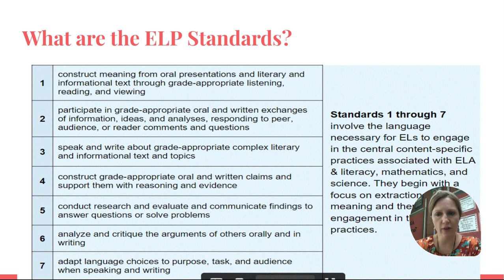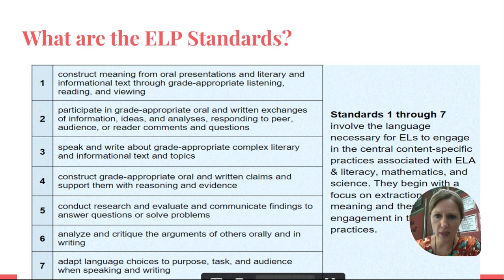So this is a graphic for the actual standards. As I said before, 1 through 7 involve language necessary for content area classes. So when you, as a classroom teacher, are attempting to connect these to your standards, look for the ones that apply to what you're doing.